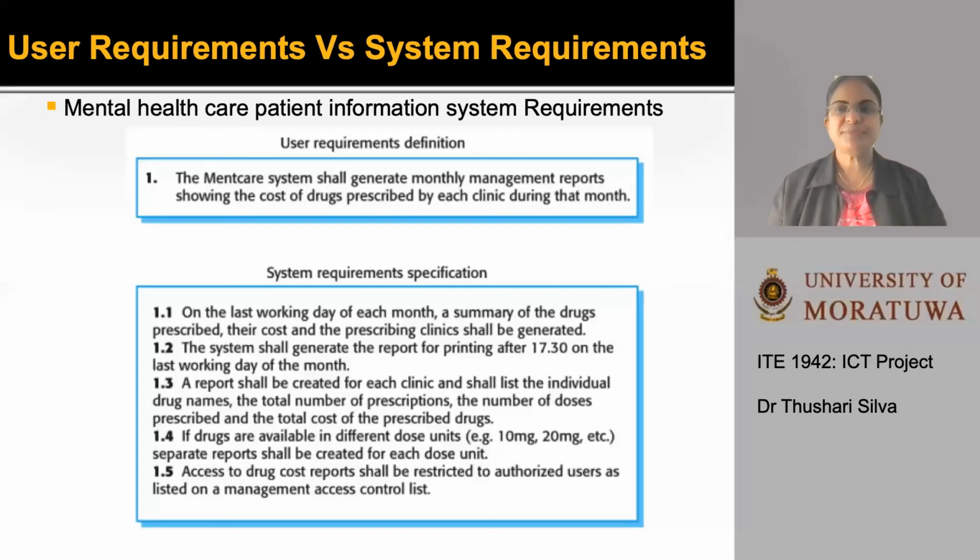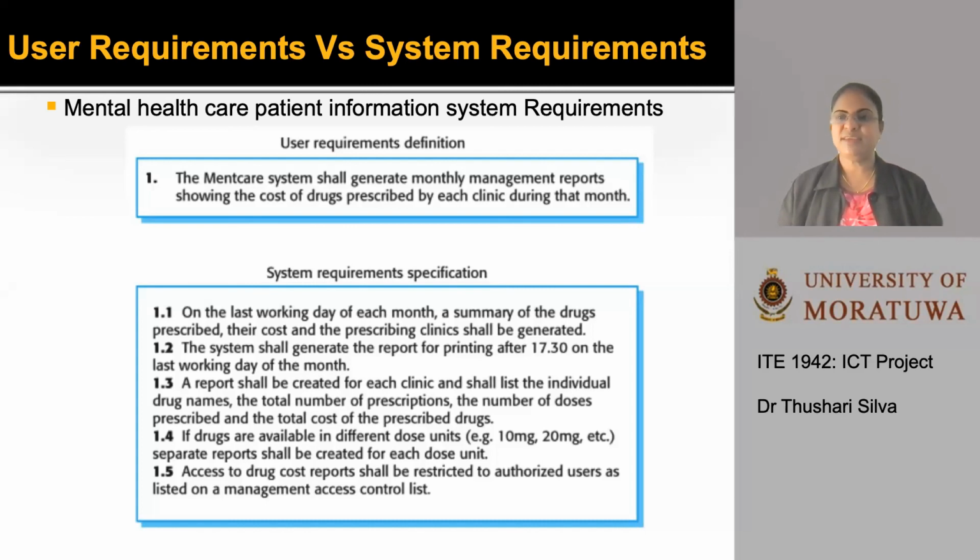When we come to system requirement specification, we do need to go into the system aspect, the functional aspects of the system. So there you might write: on the last working day of each month, a summary of the drugs prescribed, their cost and the prescribing clinic shall be generated. So you are going into more details about the report.